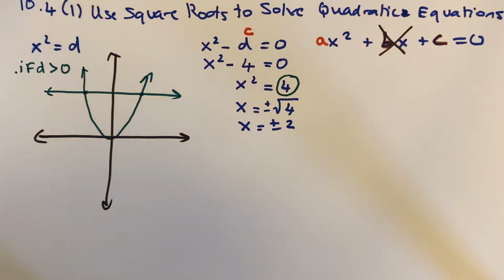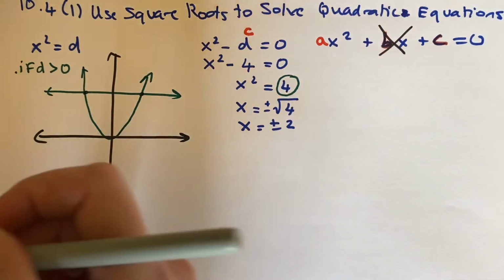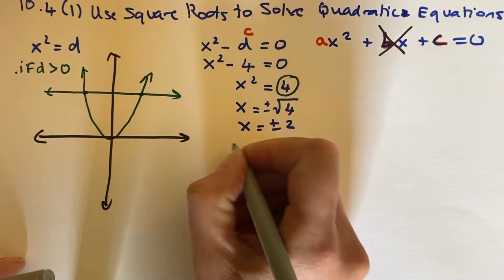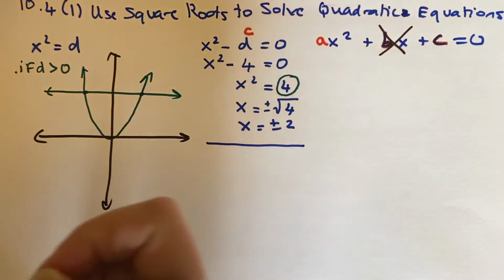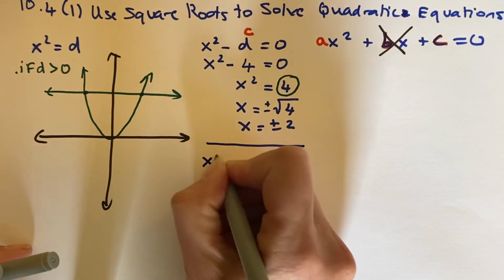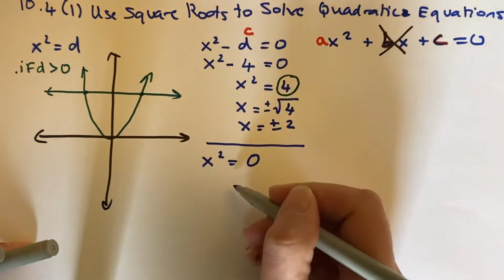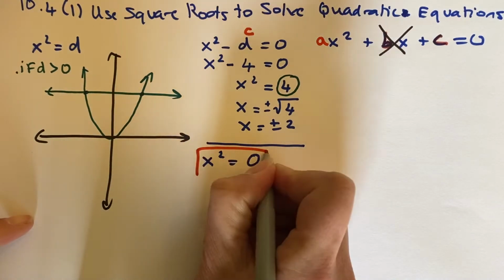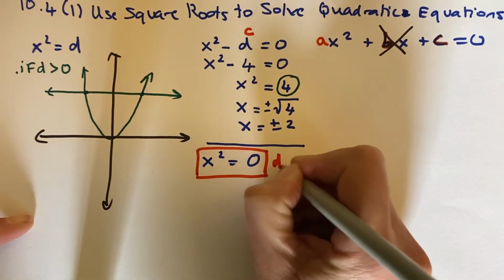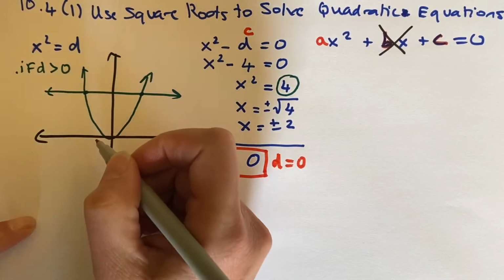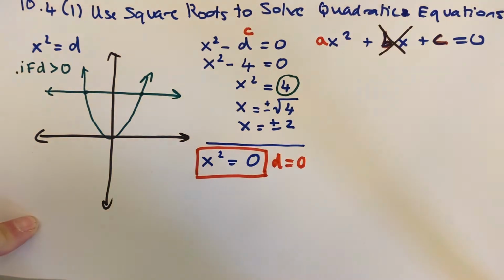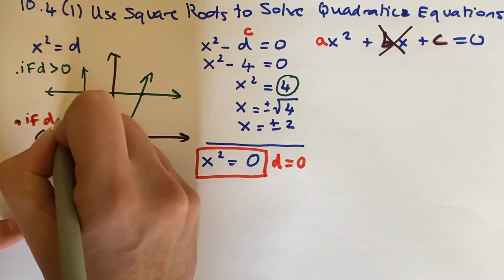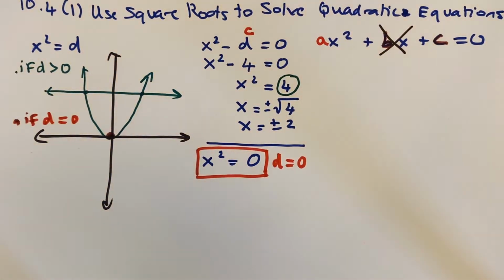Now, what happens if d equals 0? So this one is d greater than 0. What happens if you get down here and you get x squared equals 0? This d is 0. Well, in that situation, you'll have only one solution, which is going to be your vertex.